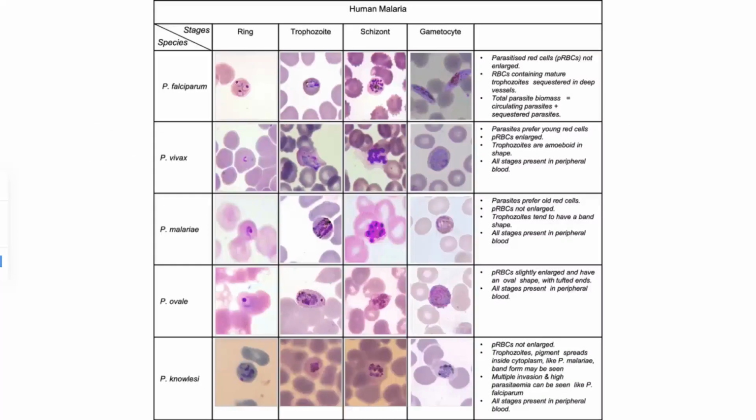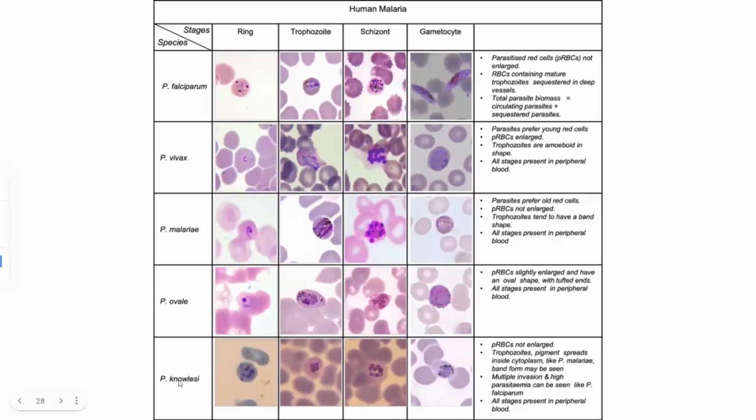So this is a really good chart that shows you side by side the differences: the ring form, trophozoite, schizont, and gametocyte. And it tells you some differentiating features here. A couple things I can point out: for Plasmodium falciparum, you're usually going to find multiple ring forms within the blood cell, as opposed to vivax, malariae, and ovale, which typically have only one form.